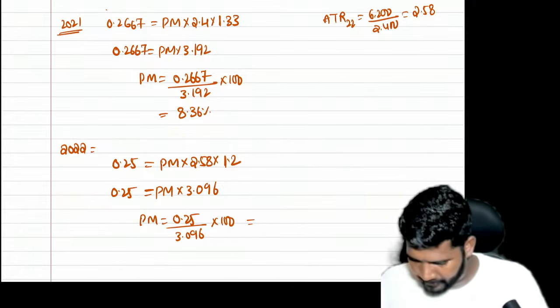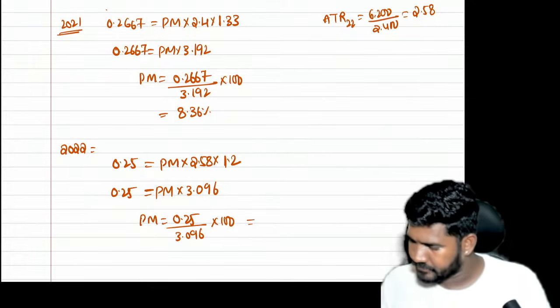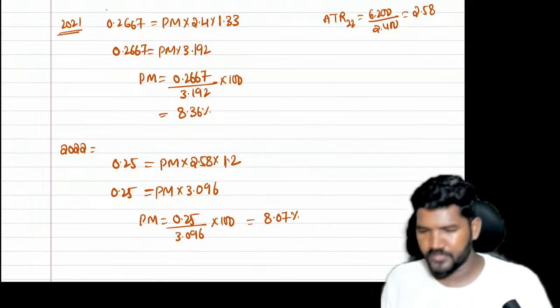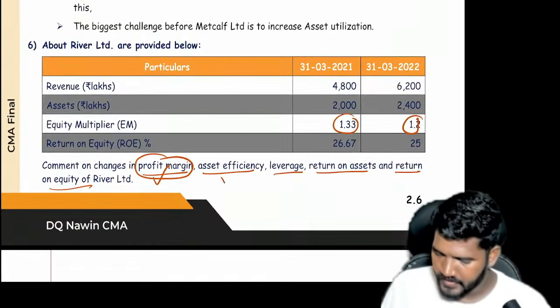0.25 divided by 3.096 into 100 gives 8.07%. Okay. Profit margin completed.